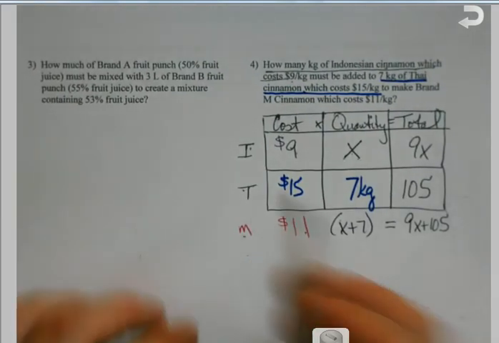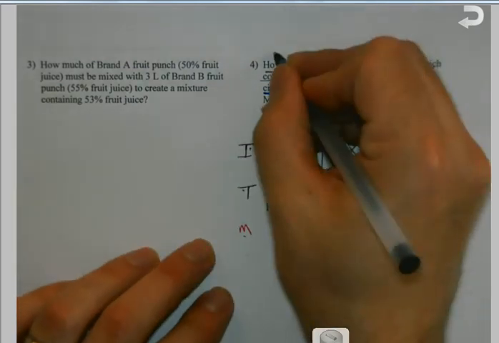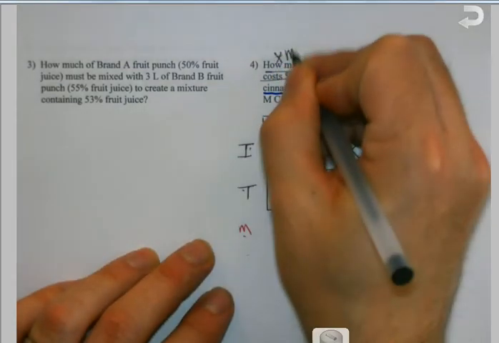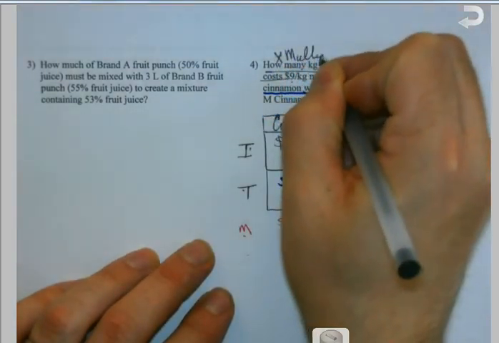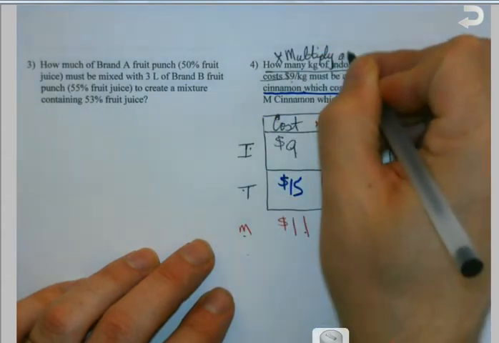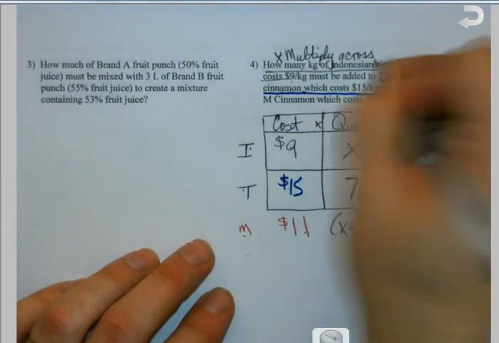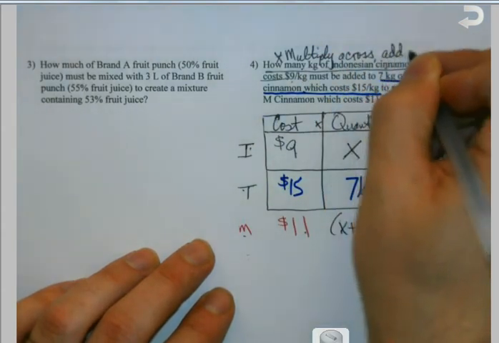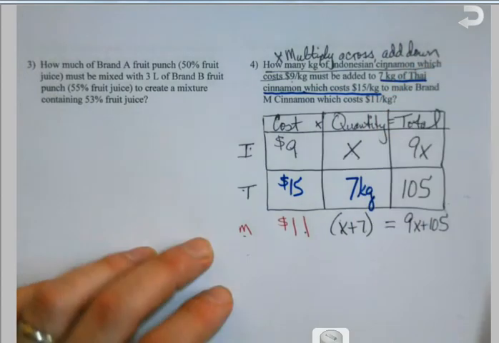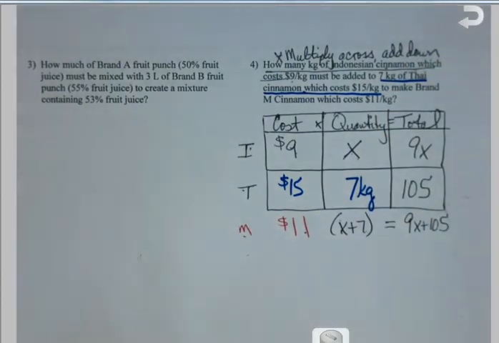So when we're doing these, we multiply across. We'll make a note of this here. We're going to multiply across, and we're going to add down when we need to do that, because we even did that in number 1.